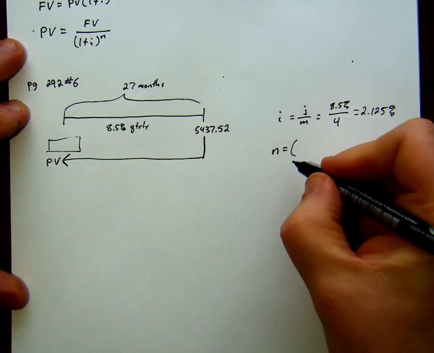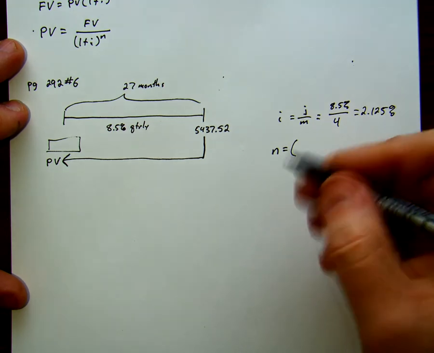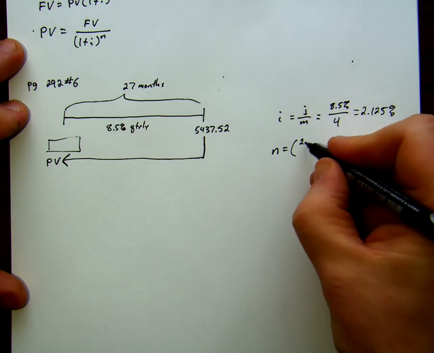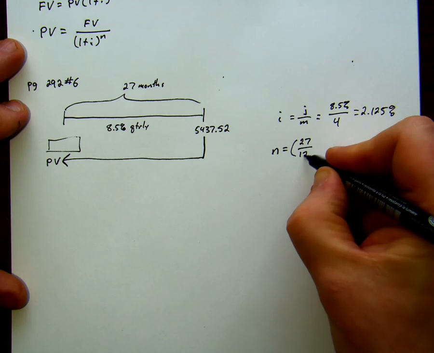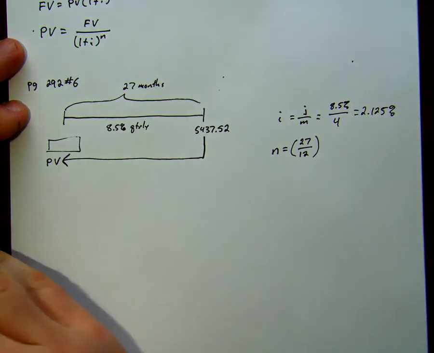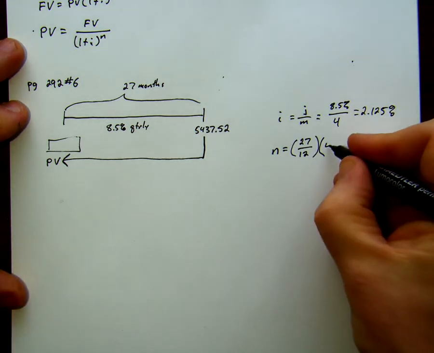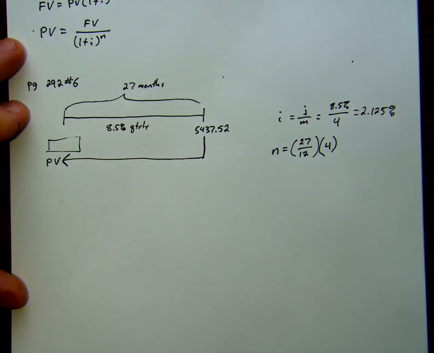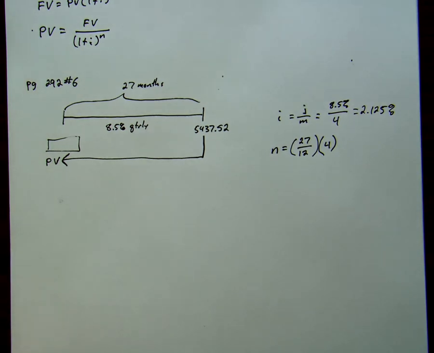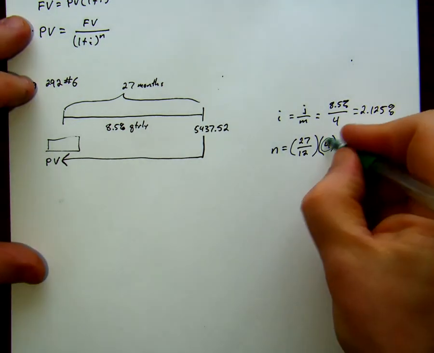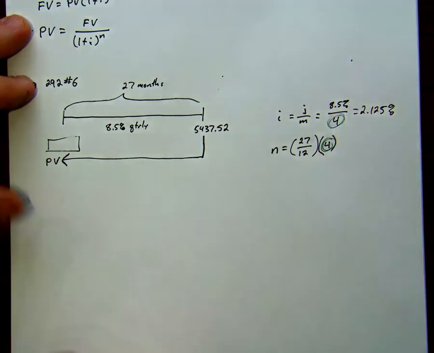Well, how many years do we have here? I'm too lazy to figure that out, but I know this is 27 months over 12 months per year, compared to 4 times that I'm compounding per year. Again, this m has to match that m.